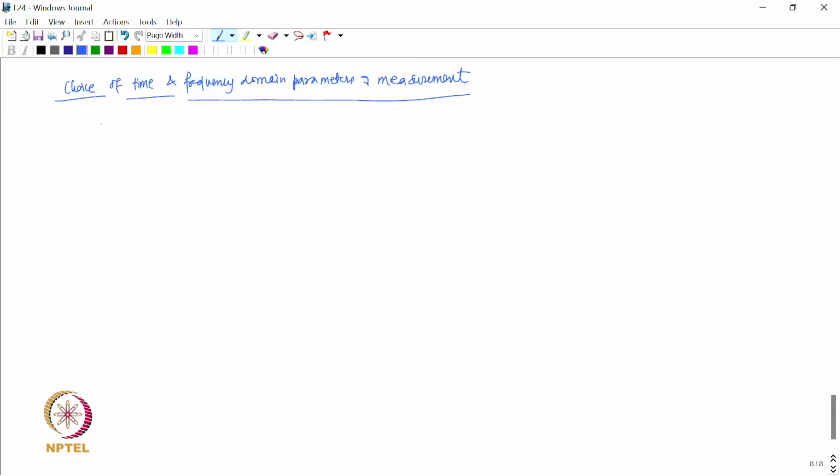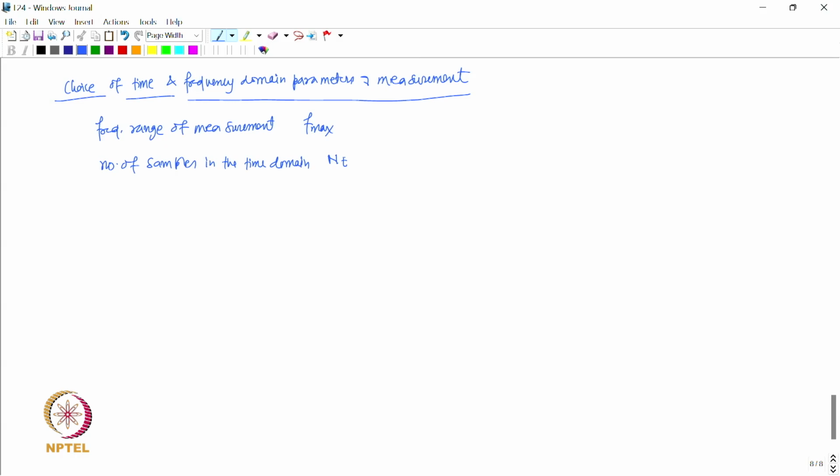One parameter is the frequency range of measurement, which is F max. Then we have the number of samples in the time domain, let us call it NT.